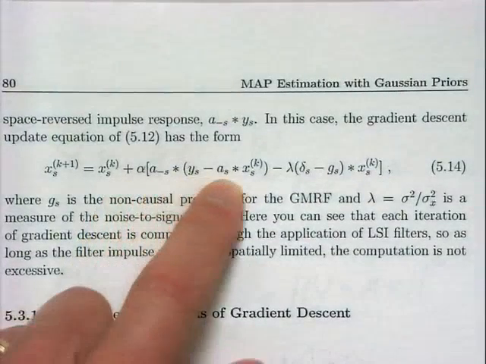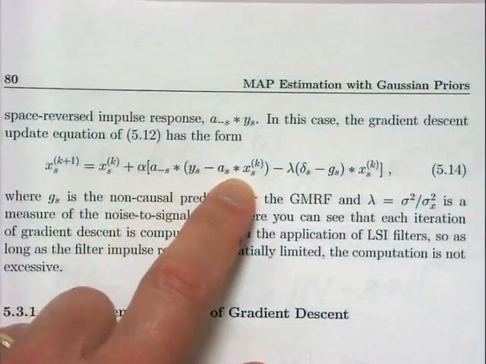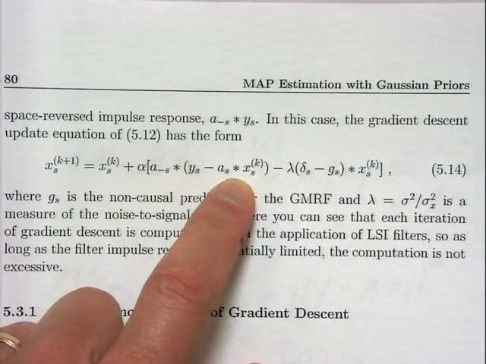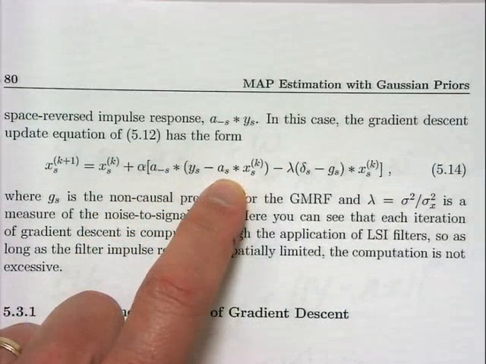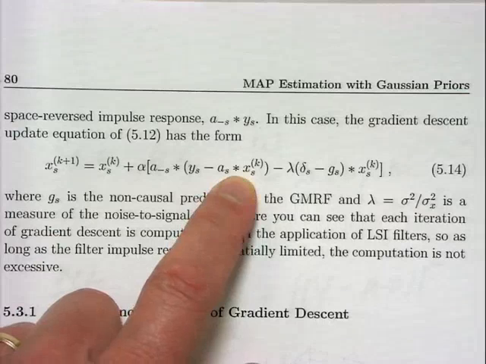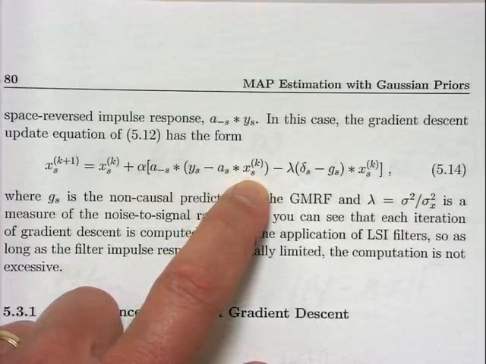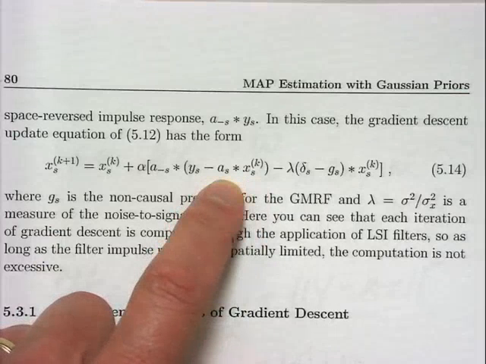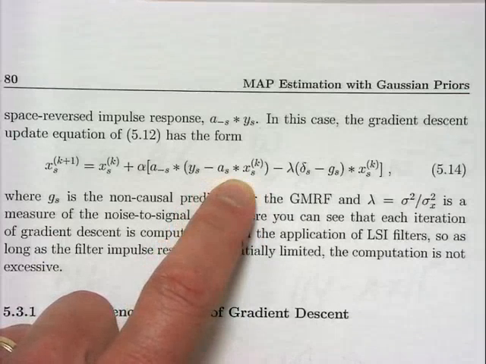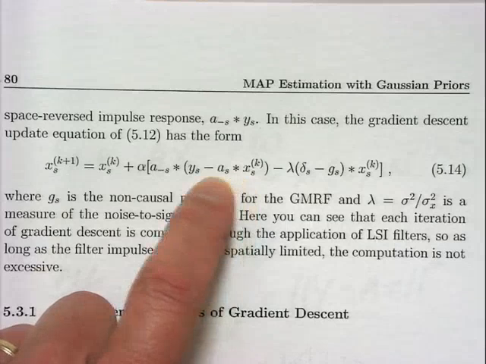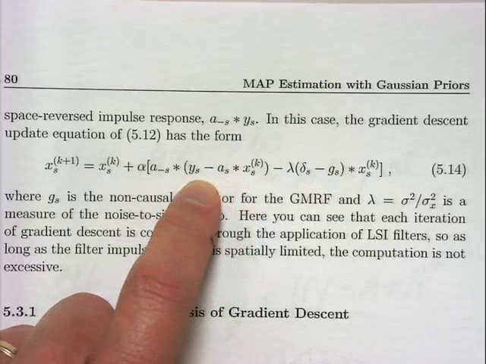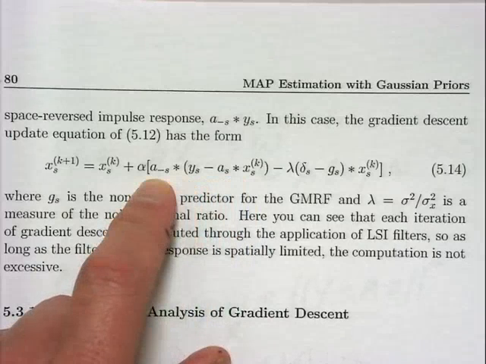So what happens is multiplying by the matrix A is equivalent to convolution. I'm going to write this using our standard electrical engineering notation, which is that we write x sub s convolved with a sub s, where the star is the convolution. And we subtract that from y, and then convolve with a sub minus s.